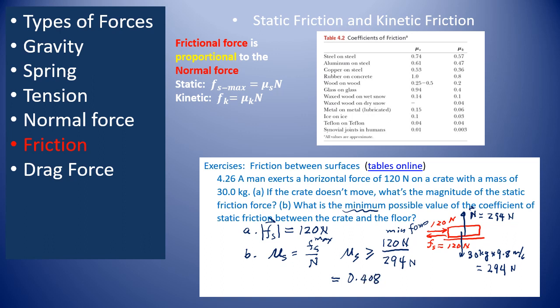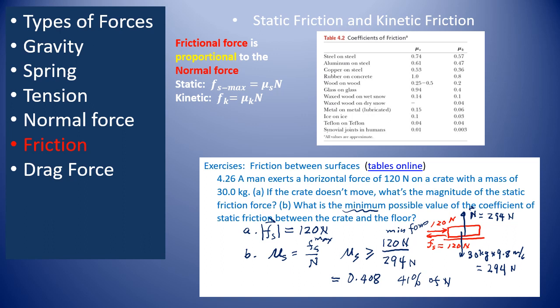0.408. In other words, the static friction is at least, that's why the minimum, at least 41% of the normal force, because in the current situation it's not moving. What I'm saying is, if you apply a little bit more, it may still stay.